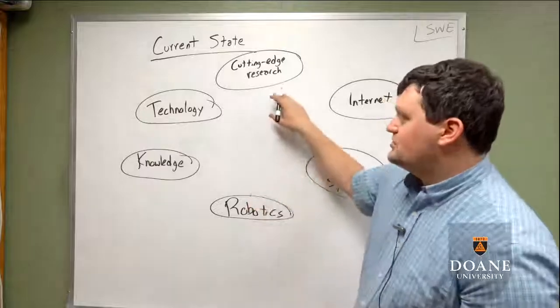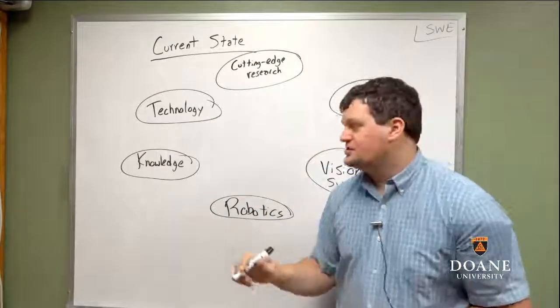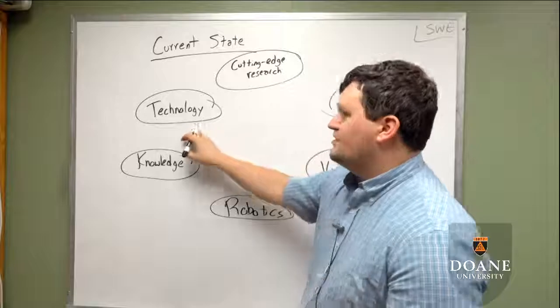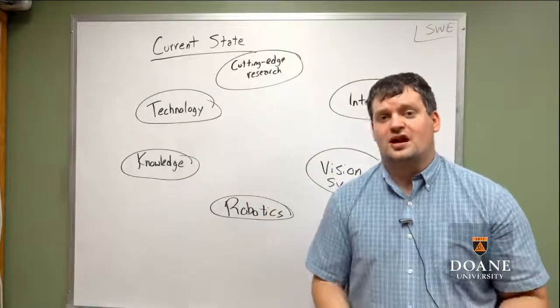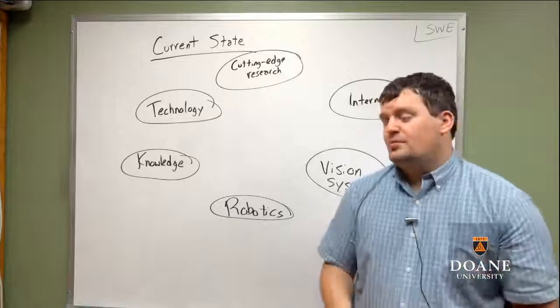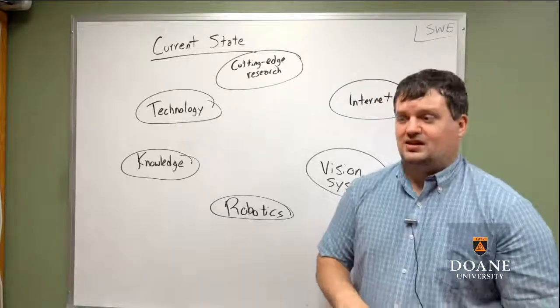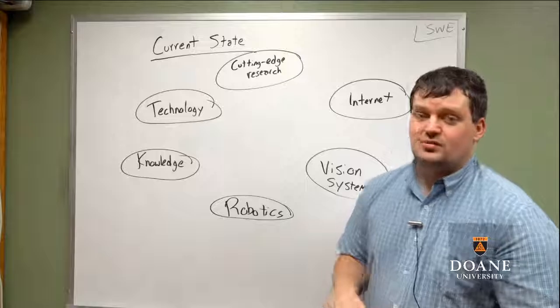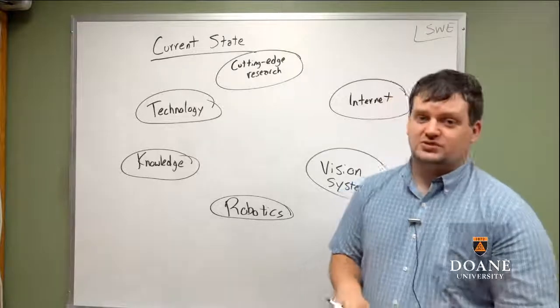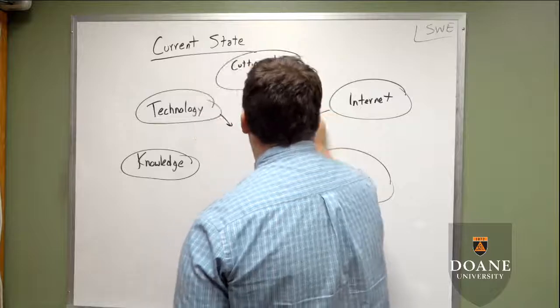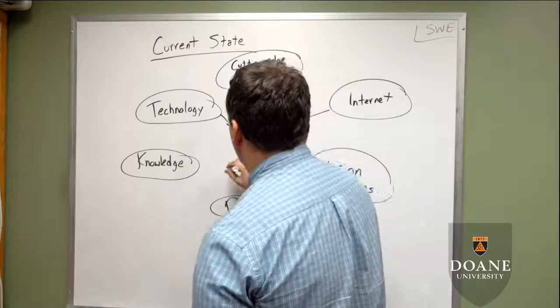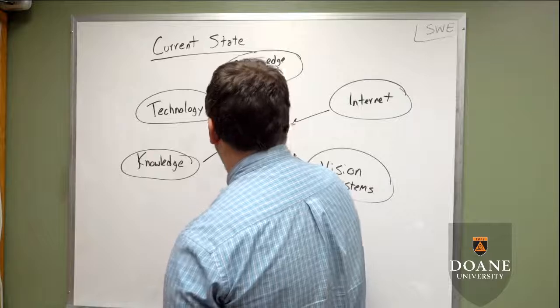The cutting edge research has fueled a lot into technology, and this has allowed us to have more streamlined processes. We have better software now. We have better manufacturing equipment. And these are things that weren't available 20 years ago, but they are available today. And all of these have had a major influence in our current state of manufacturing.